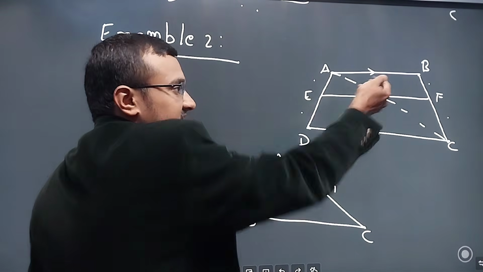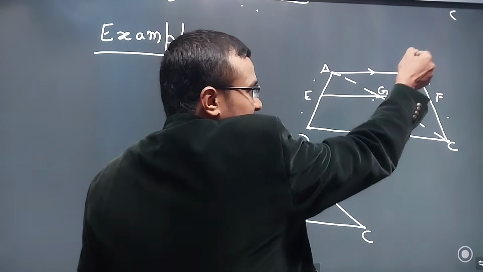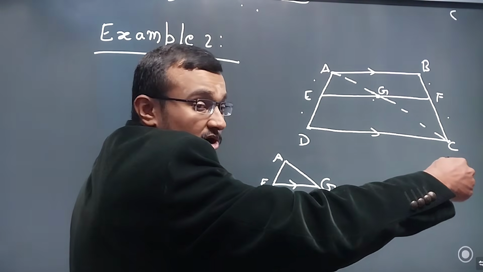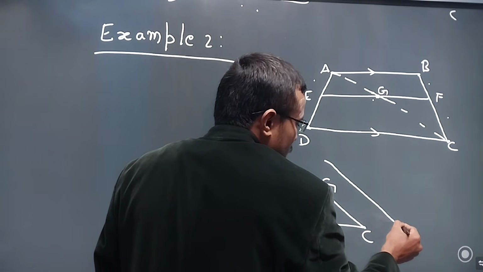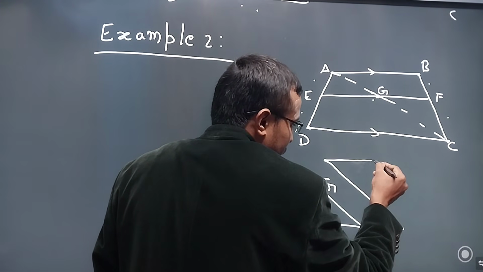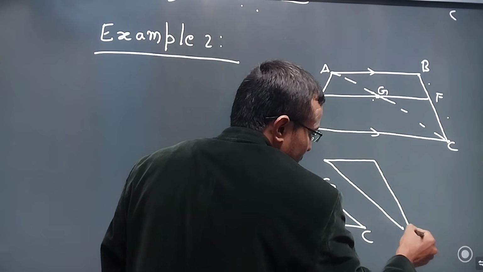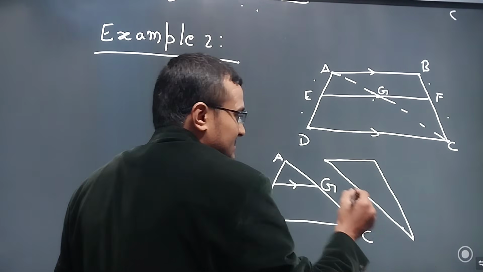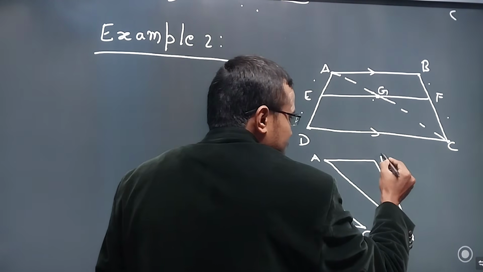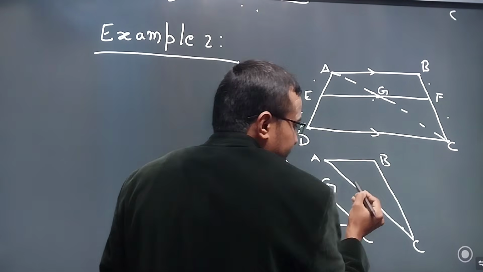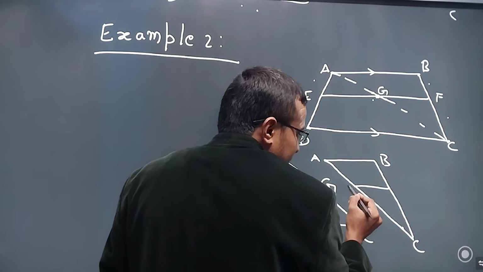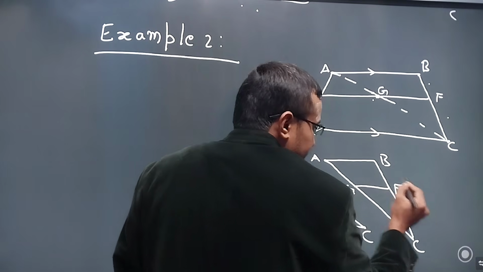Above this there is one more triangle, that is ACB, because we have drawn a diagonal to this trapezium and divided it into two triangles. So we will draw one more triangle like this. This is A, this is B, this is C, and from G to F you can draw a line like this. So this is G, this is F.